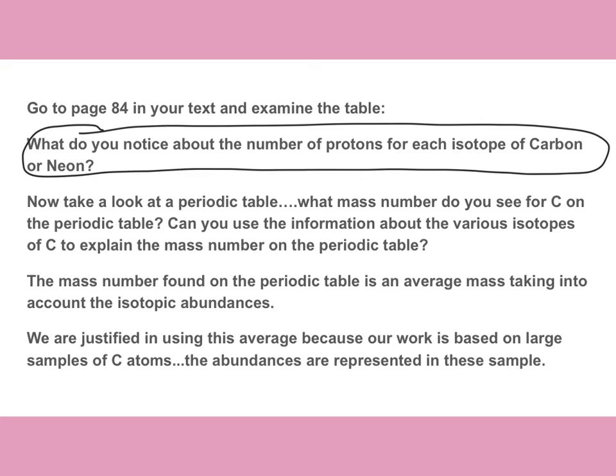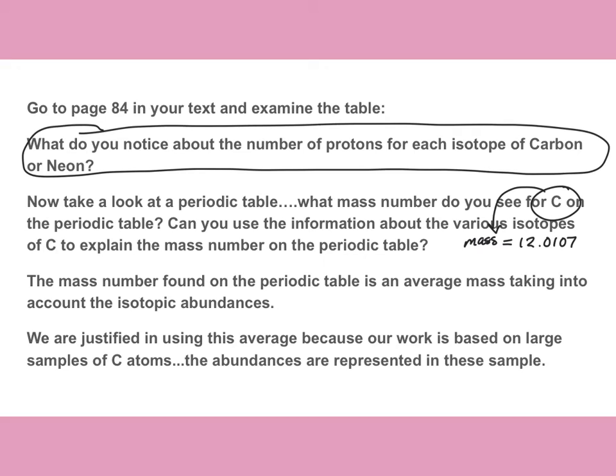However, if you look at carbon on a periodic table, you will find a mass for carbon that is 12.0107 or thereabouts, depending on which periodic table you're using. And that does not match any of the masses given for the 3 possible varieties of carbon on the table on page 84.